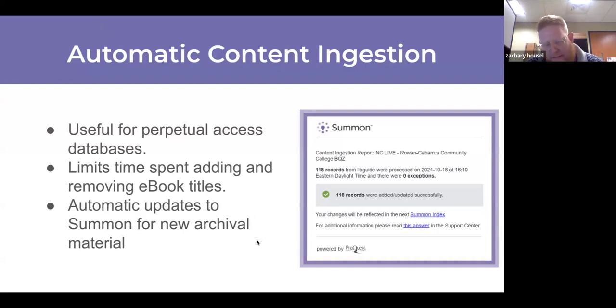It was helpful because all that stuff is constantly going in or out based off of licensing agreements or being updated by staff here. We were able to use these content ingestion reports to figure out exactly how much stuff's going in and out on a daily basis and how well it's going in. So I started doing that, and this is basically what I did.